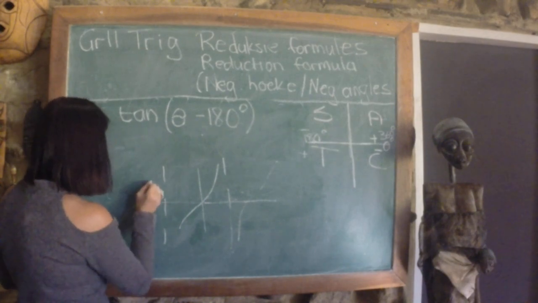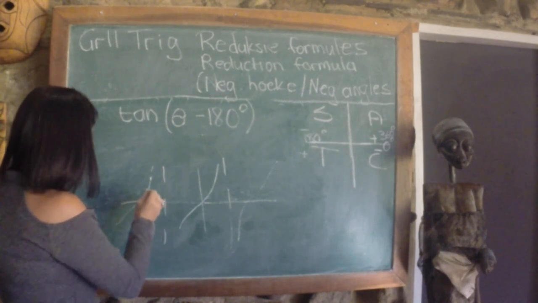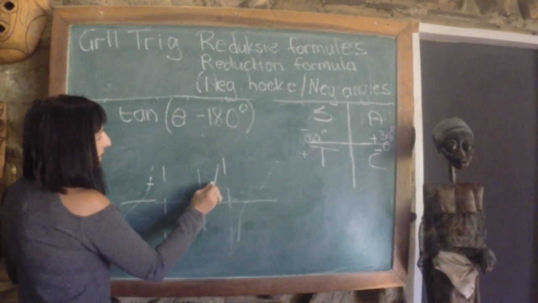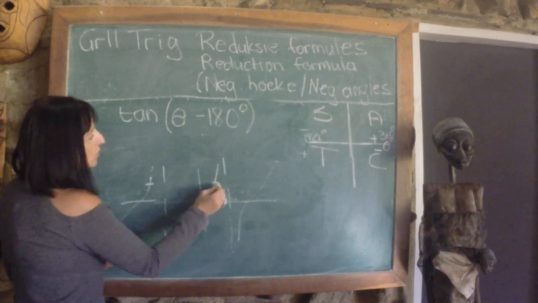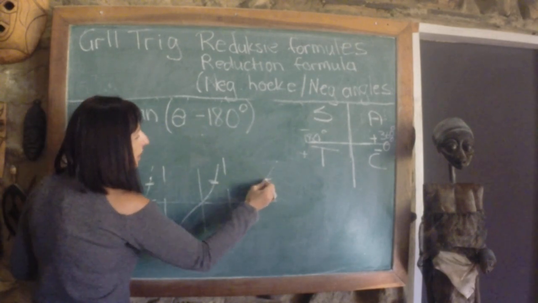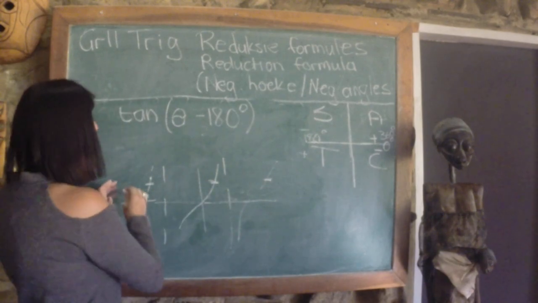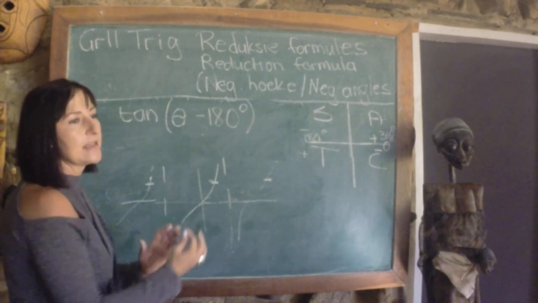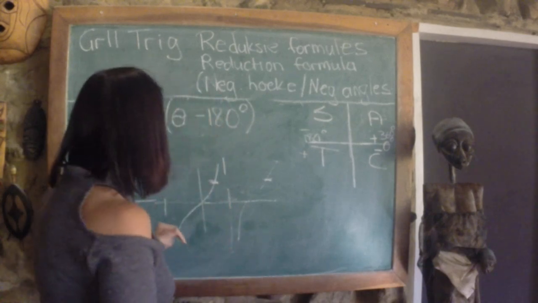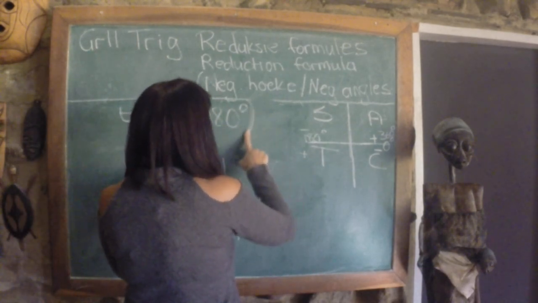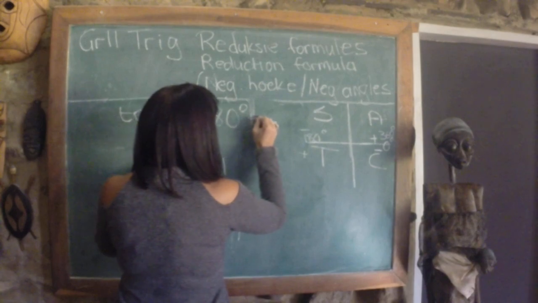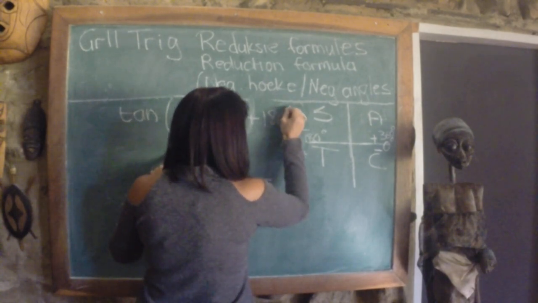Meaning that each 180 degrees you will find the same value on the tangent function. So if you add 180 degrees, nothing's going to change. So I can simply go and do this. I can go and add in 180 degrees.